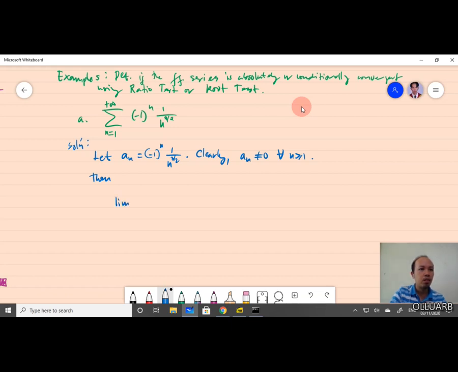Then the limit of the absolute value of a sub n plus 1 over a sub n as n approaches positive infinity is equal to this one.